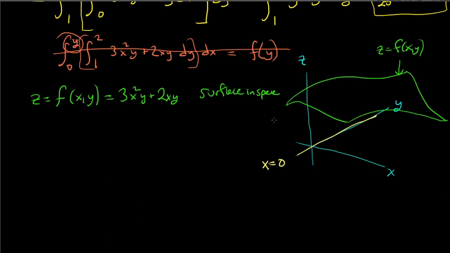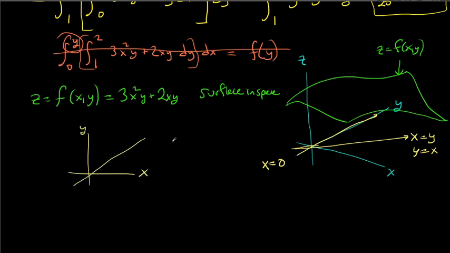So what's x equals y? X equals y is the same as y equals x. So that line looks something like this, just your 45-degree angle here. Y equals x. I'm just graphing it in the xy plane over here.